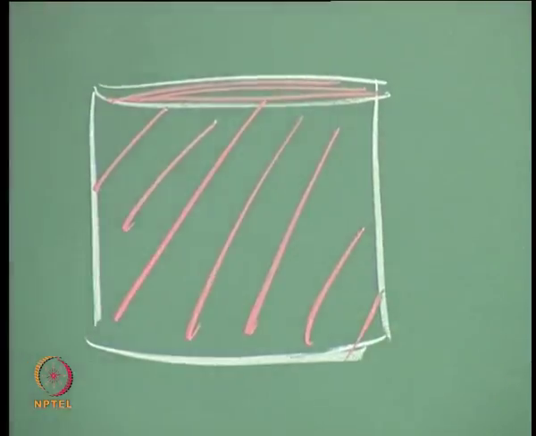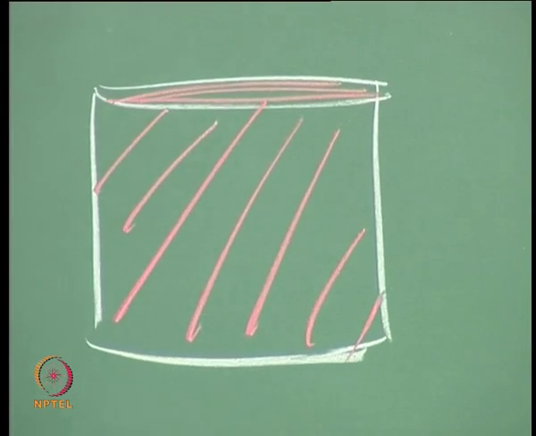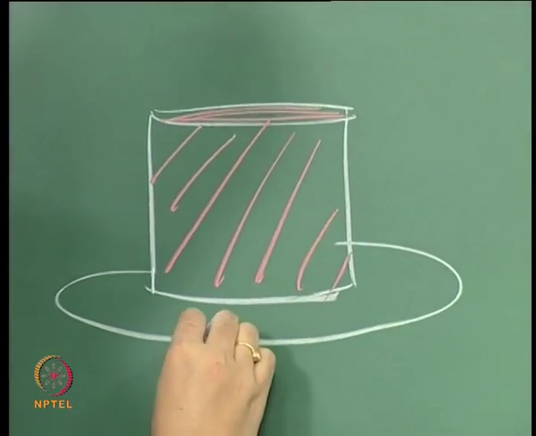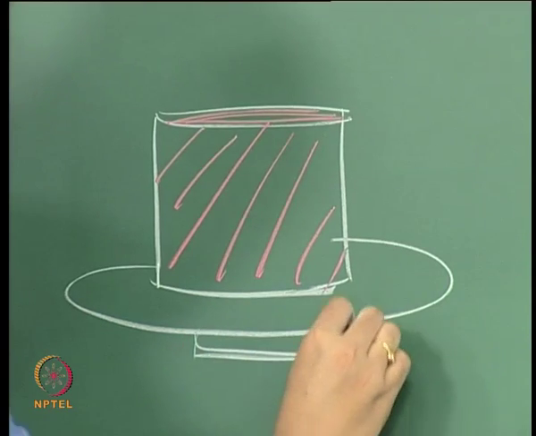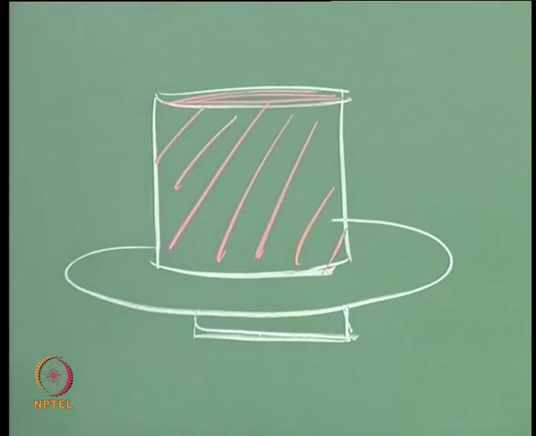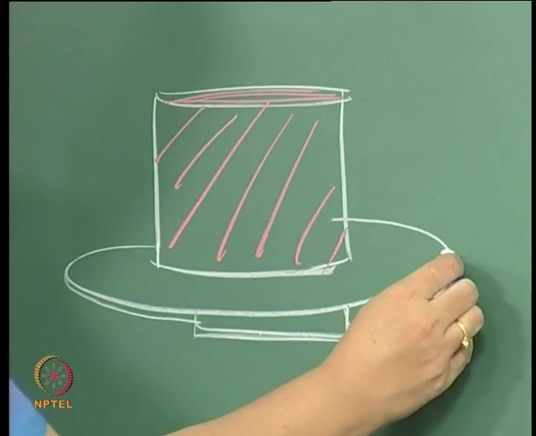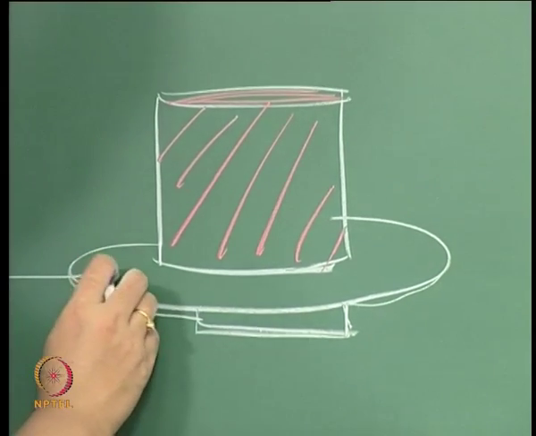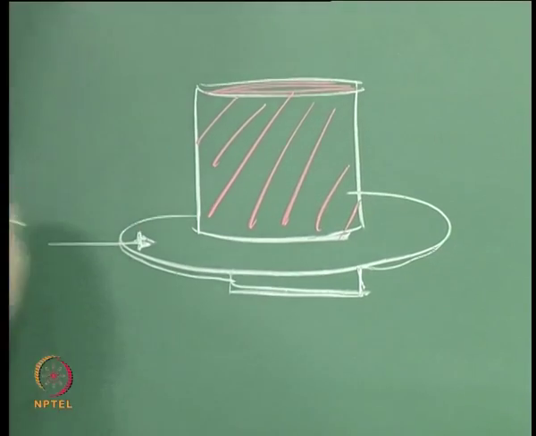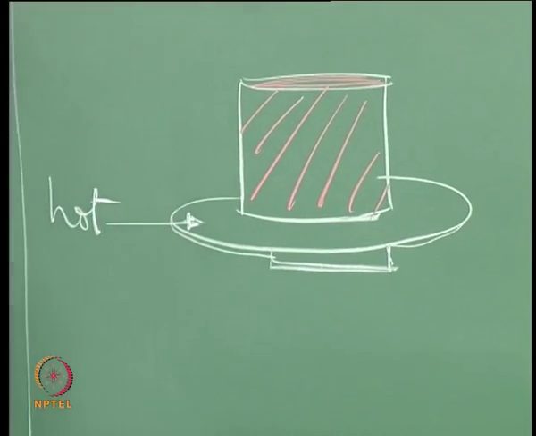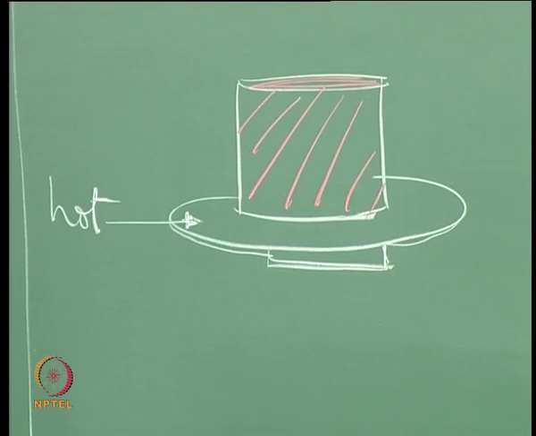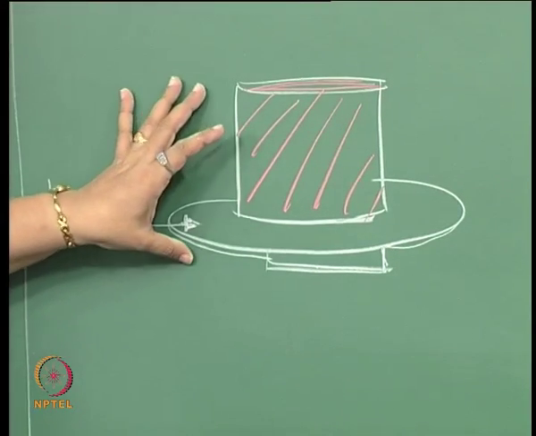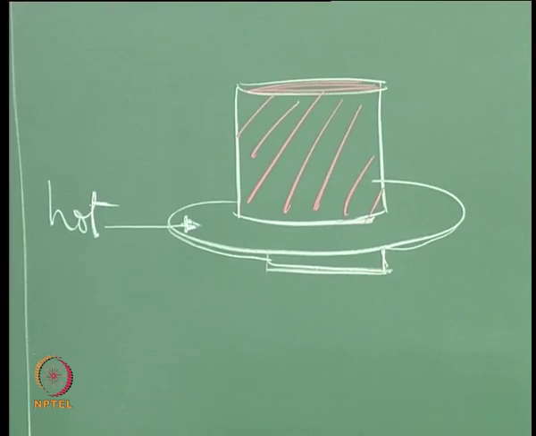This is my ice cream, and what I do is I take that and I put it on this plate, and this plate is slightly hot. It's a heated plate, not exactly at room temperature. Now, you are probably guessing what will happen, but let me give you two scenarios.